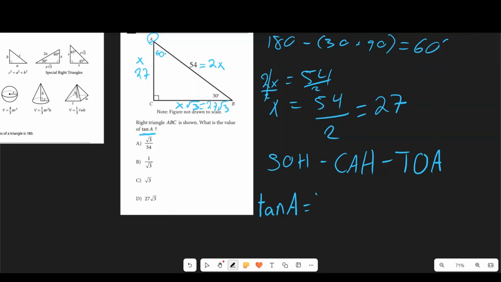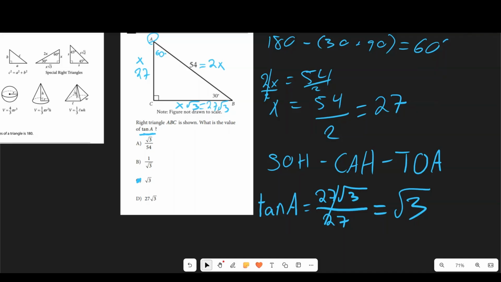So it's going to be opposite, 27 root 3, over some adjacent, which is going to be 27. Our adjacent side is the one that touches A that is not the hypotenuse. So opposite over adjacent for tan of A is 27 root 3 over 27, which simplifies to simply root 3. Is that one of our answer choices? Yes, it is right here.